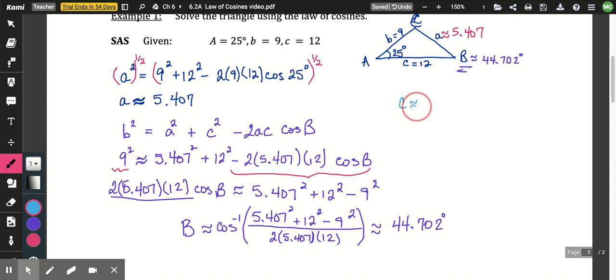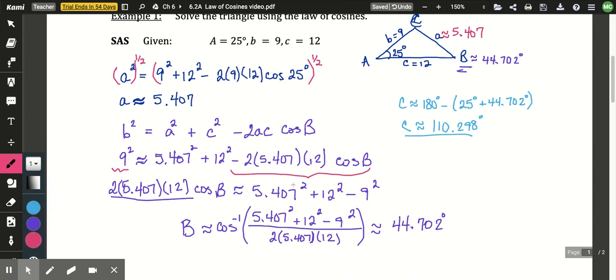So I would say angle C is approximately 180 minus the sum of the two that I have now. And again, I would put that in my calculator and I get 110.298 degrees. And so that would be my final value.